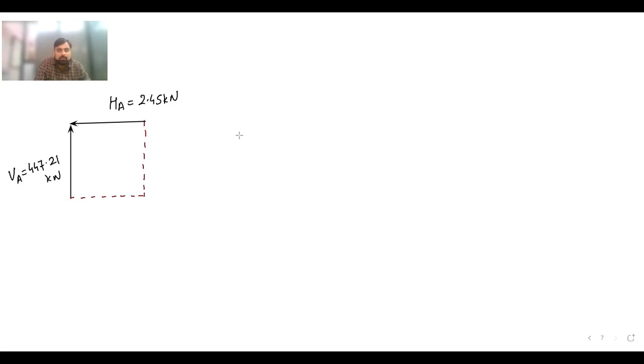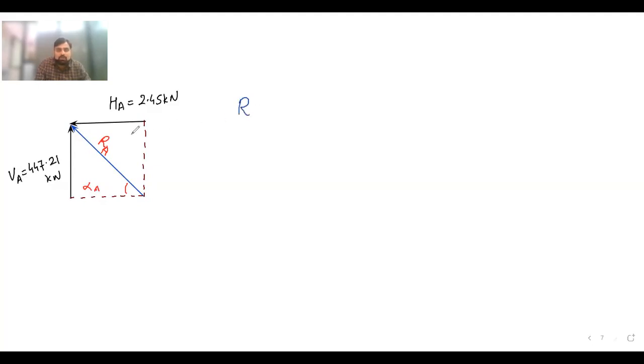So I will draw the diagonal. This is my resultant reaction, and let it be RA. Whatever value we get, we will write there afterwards. And this angle is alpha A. Now if I want to find RA, what will I do?